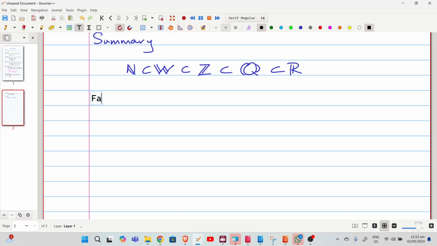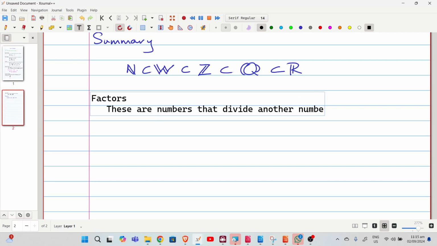So factors, and we will say that these are numbers that divide another number exactly, right? If we want an example of that, let's say we're looking at the factors of 6, then we have two types of factors.